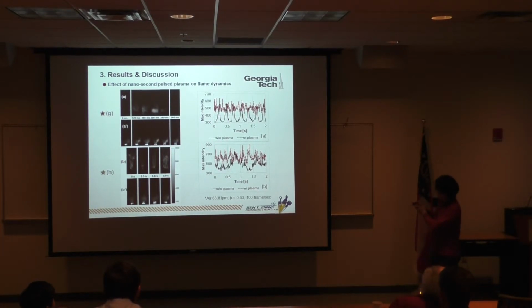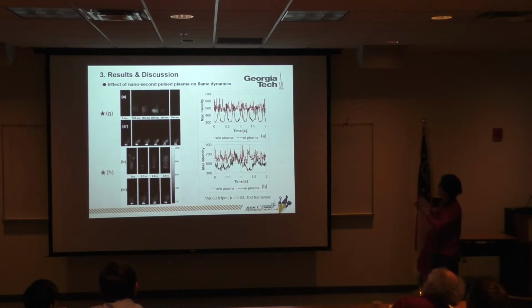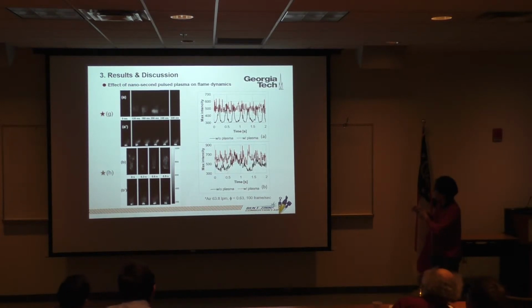The right graph shows the maximum intensity of each left photo over time. Without plasma, the flame shows bright and dark cycles with a period of 0.3 seconds, and for the other point, flames become dark and bright and dark with a period of 0.9 seconds.